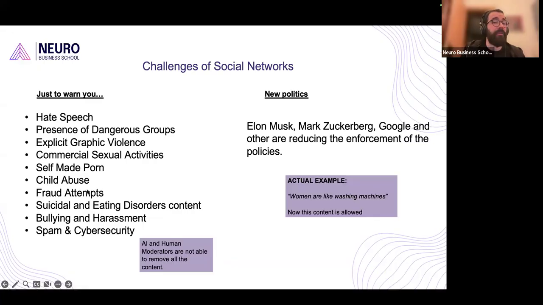You cannot imagine how much child abuse you can find on normal platforms. I'm not talking about deep web sites. I'm not talking about something so difficult to find. Facebook is full of child porn, full, full. Fraud attempts, a lot of fraud attempts.